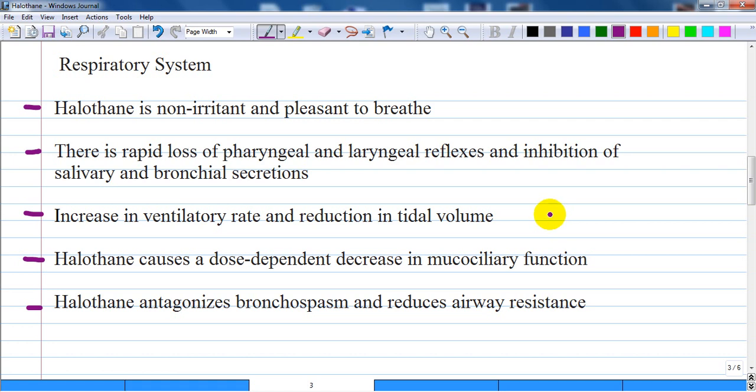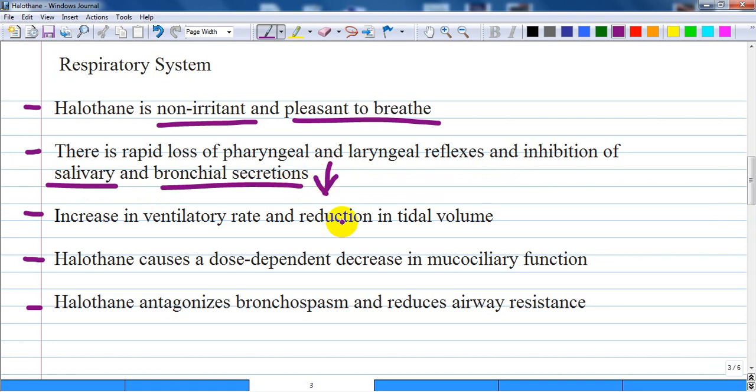by Halothane. Respiratory system: Halothane is non-irritant, pleasant to breathe, and is used during induction of anesthesia. There is a rapid loss of pharyngeal and laryngeal reflexes and inhibition of salivary and bronchial secretions, so decreased secretions.